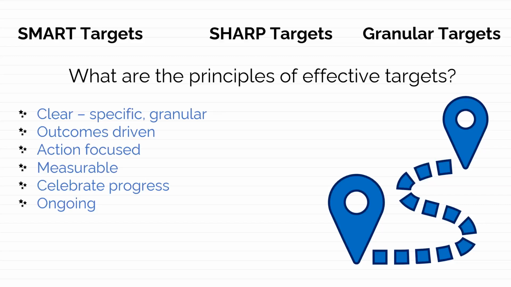They're goal oriented, and it's very clear that we can link outcomes to the learn how to statements of the ITT ECF. They're action focused. They require trainees to actually do something different. We can measure them, we can celebrate progress along the way, and that there is an on the way. It's an ongoing process. You might have other principles. How do they compare to these?